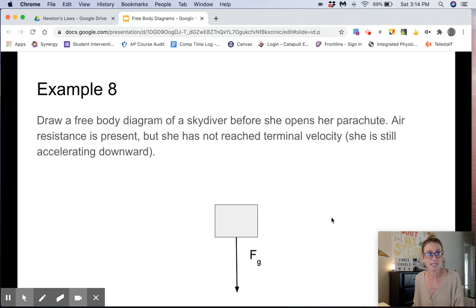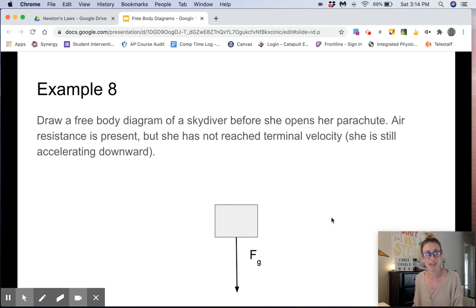Now, it says air resistance is present, but she has not reached terminal velocity. Terminal velocity is when we have reached a velocity in which we're not accelerating anymore. So it's just a constant velocity if you're skydiving. So here it says that she's still accelerating downward. So we know that our net force has to be in the direction of acceleration.